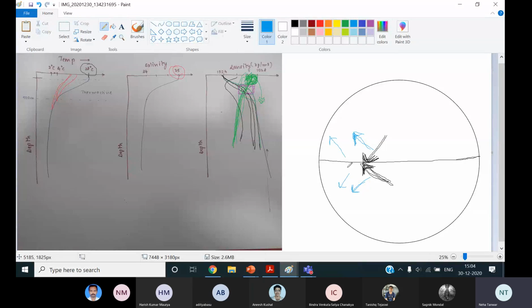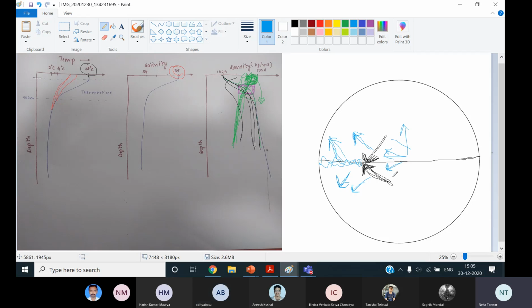So what does it mean? At the equator, constantly there is water coming from underneath, because the surface water is always moving away from the equator towards the pole. It doesn't mean it's moving straight away like this; it could be just a small deflection, but it's constantly moving away.